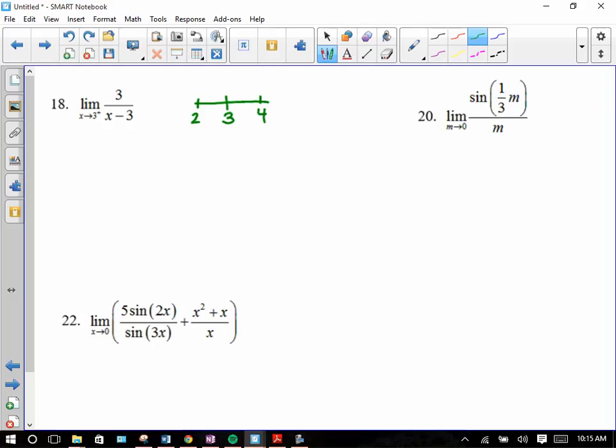The number right next to it, but on this side, would be like 3.001. So I'm going to plug that number in. So it'll be 3 divided by 3.001 minus 3. That would be 3 divided by 0.001. That's going to end up being 3,000.